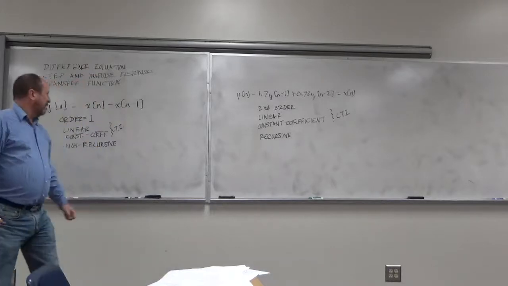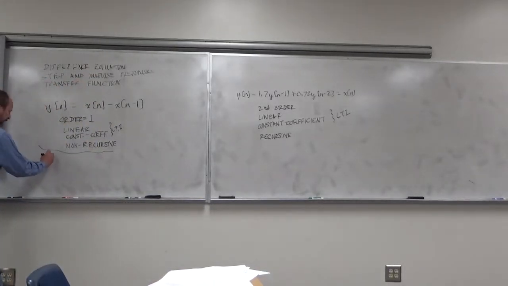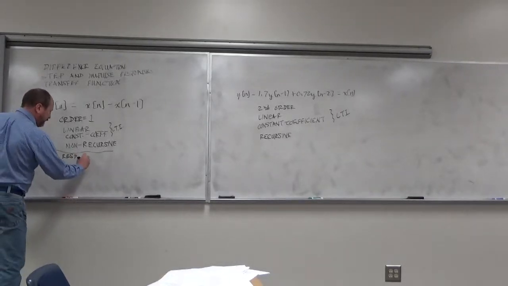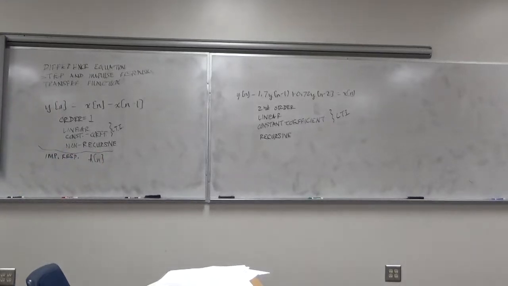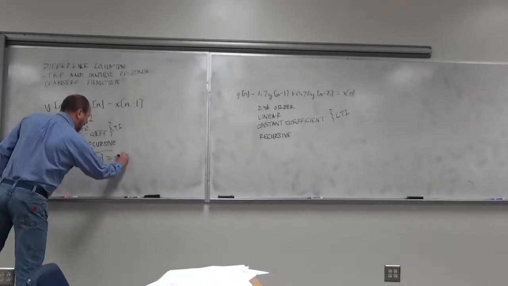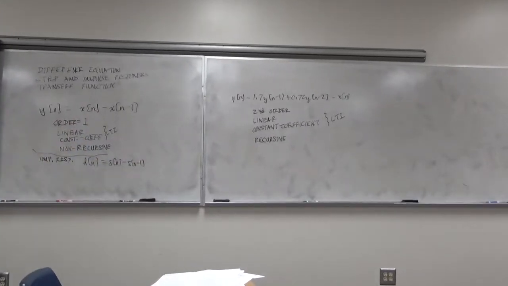Meaning, here, if you wanted your impulse response for a non-recursive system, you just plug in h of n, the impulse response, in place of y, and it is delta of n minus delta of n minus 1. Right?